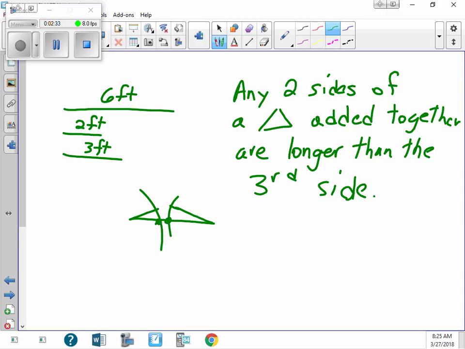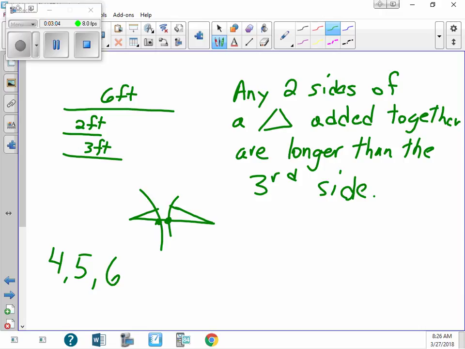Okay, so if I had a triangle, let's say 4, 5, 6, does that exist? Can you build a 4, 5, 6 triangle? Yes, how come? 4 plus 5 is bigger than 6.